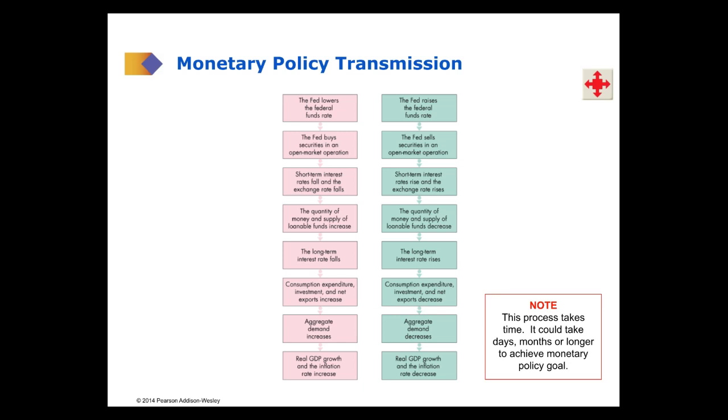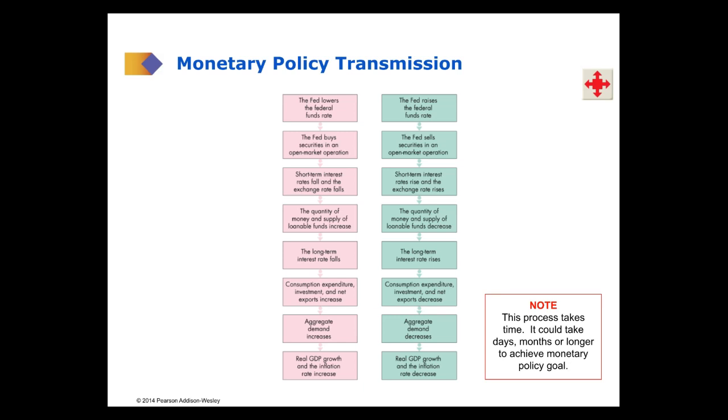Aggregate demand increases, and in the end of this process, you'll have more economic activity, more employment, and real GDP growth, and you may even have a rise in inflation, which you're not concerned about if it's still within your comfort zone. Now, the process in green on the right is just the opposite. When they want to contract the economy or reduce inflation, they raise the federal funds rate, and a similar process happens.